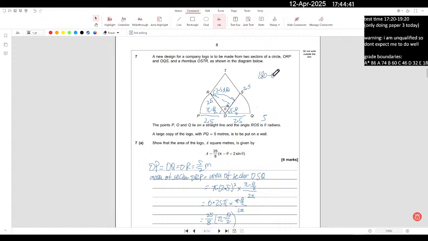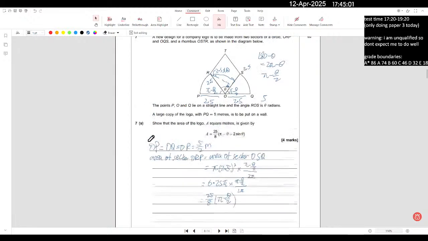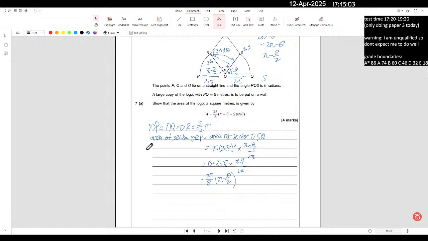180 minus theta equals 2 pi minus theta. And then dividing the whole thing by 2 is pi minus theta over 2. No, okay, no, that's right. Also, I probably need to put that working on here because I think it's required.